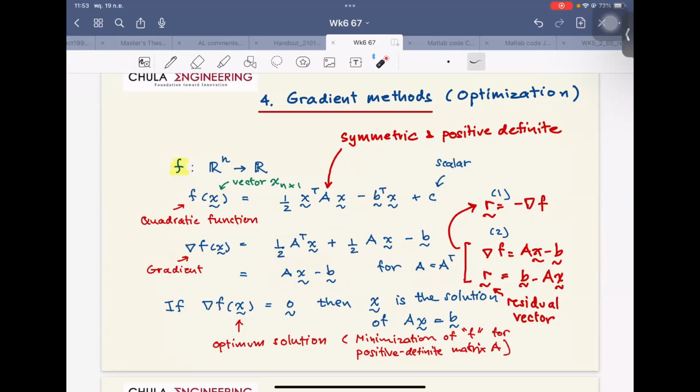Now for this particular function f, the quadratic function, you can see that if the gradient is set to the zero vector, the vector x that causes the gradient to equal zero, Ax minus b equal to 0, is actually the solution of the linear system Ax equal to b.